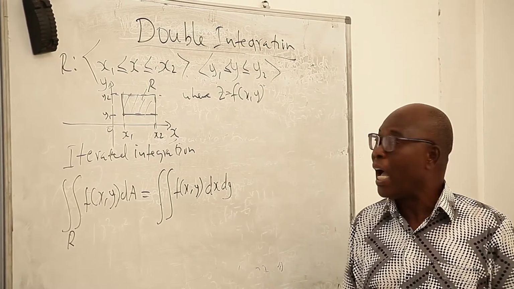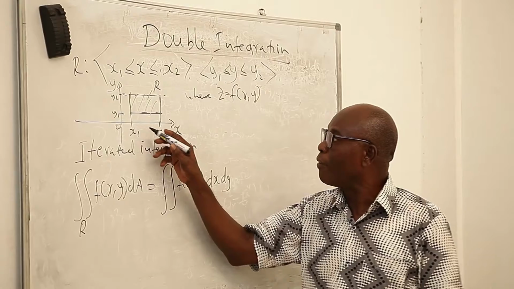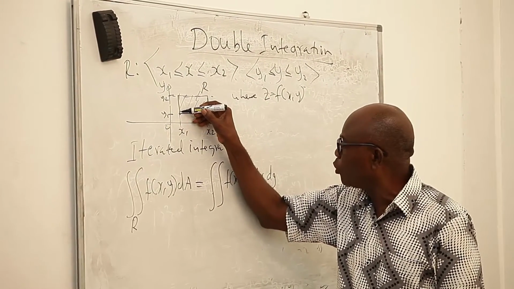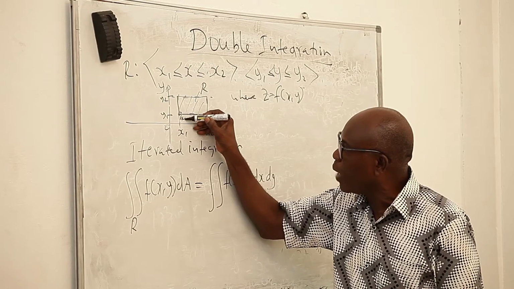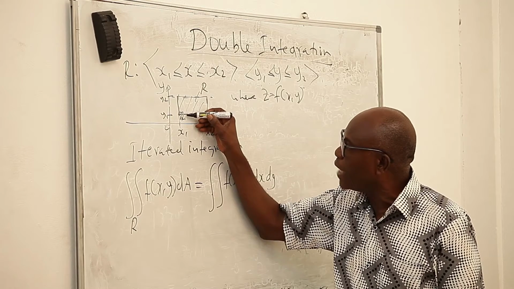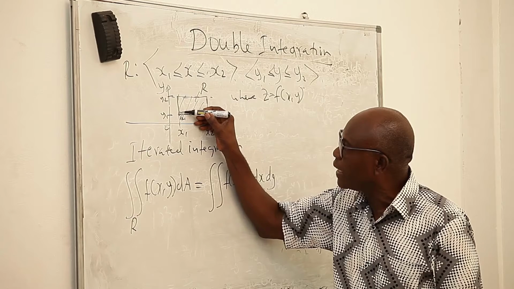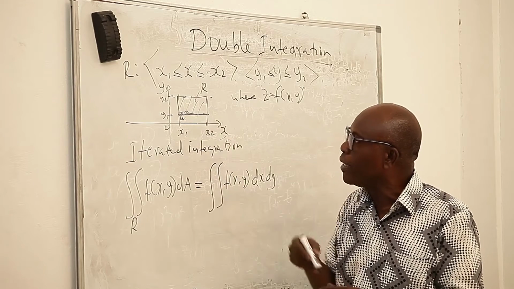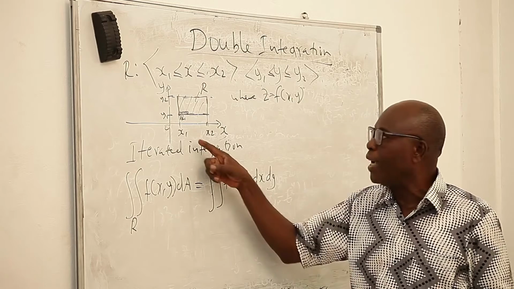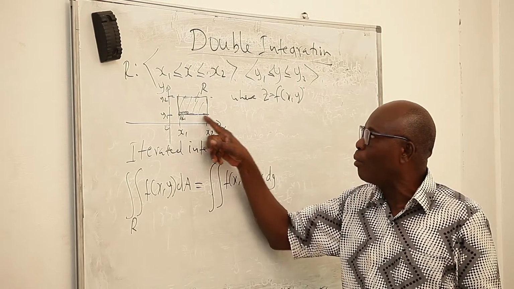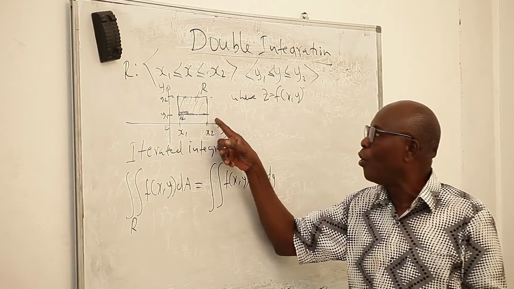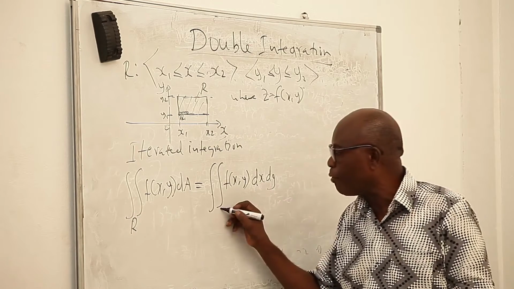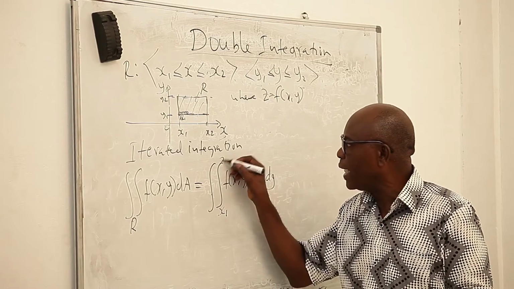When we take a small strip, delta s1, delta s2, delta s3, the strips move from the lower limit of x, which is x1, to the upper limit of x, which is x2.